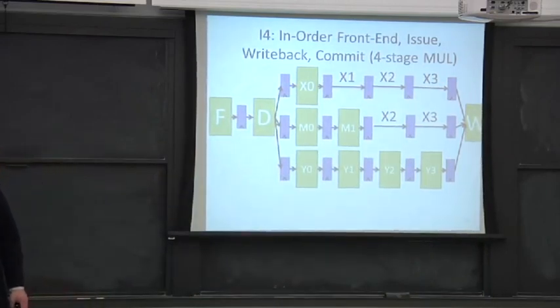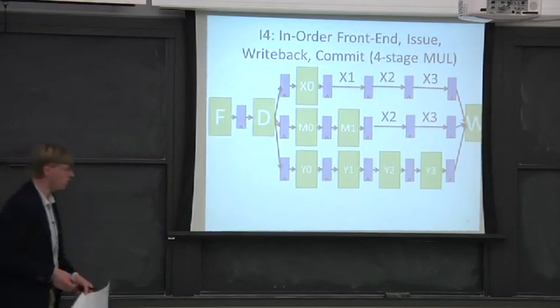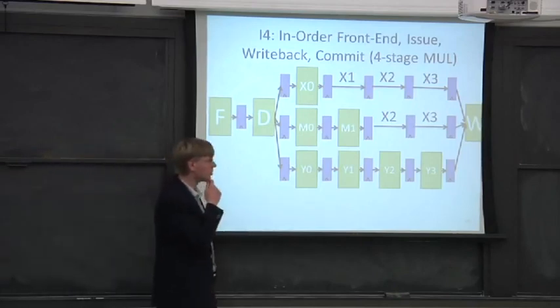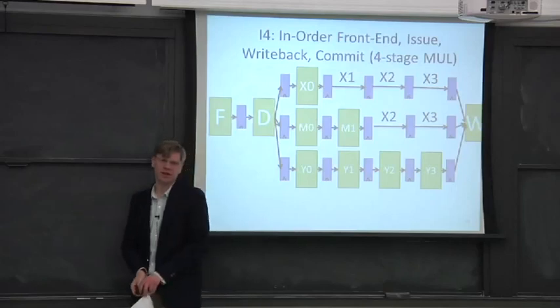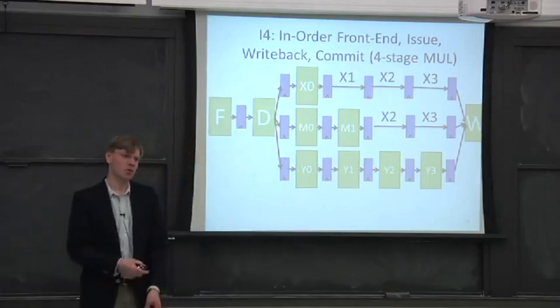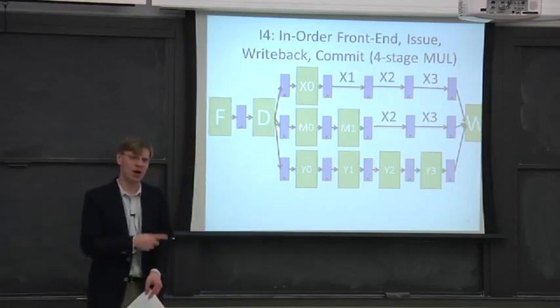OK, so this gets us thinking, and we want to start to think what these things look like on the inside. So the first question is, do we want to bypass this pipeline? And how much pipelining, or how much bypassing do we need?